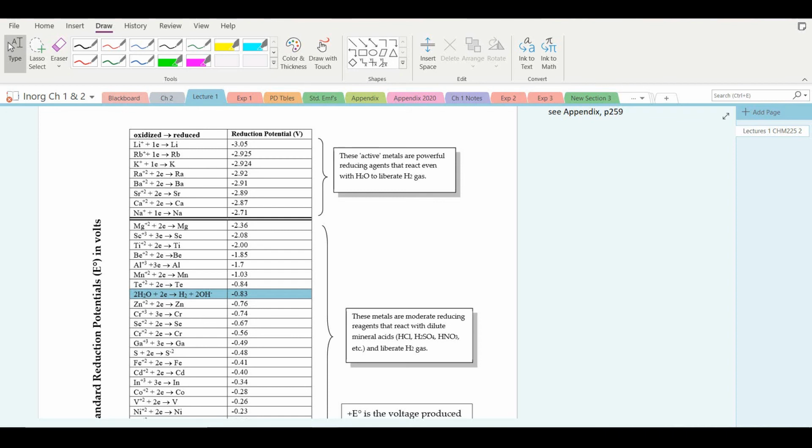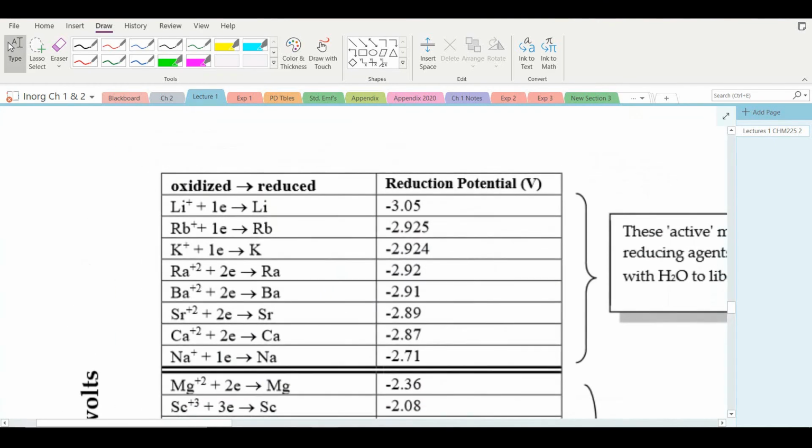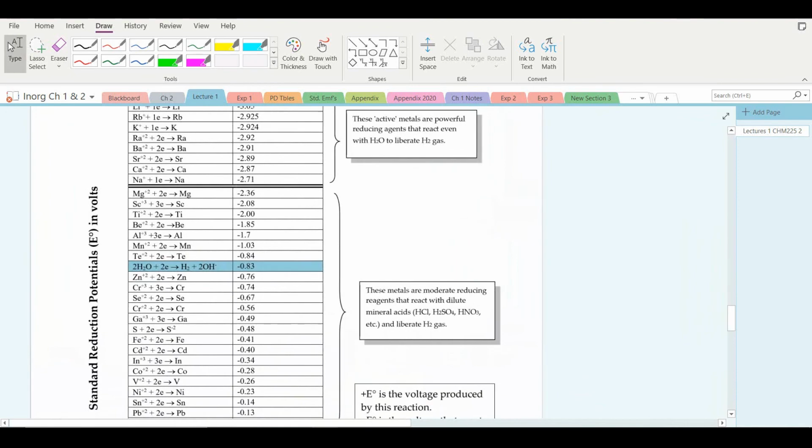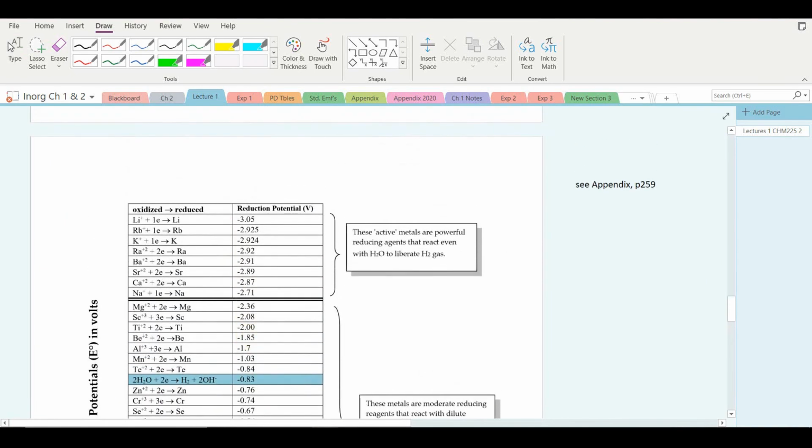So here we have half reactions in which ions are being reduced. Lithium plus 1 is gaining electrons, being reduced. All of these species on the left are being reduced by gaining electrons. So therefore it's called a reduction potential. Potential is the voltage involved in the process, and that's in the right-hand column.